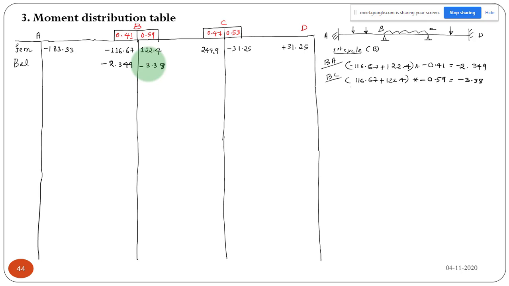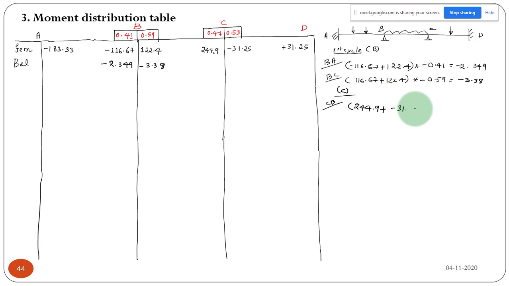Okay. Similarly, you take the joint in the first cycle. Take joint C. What is the moment for CB? The same steps, I will write only for one cycle. The unbalanced moment is 244.9 plus minus 31.25.